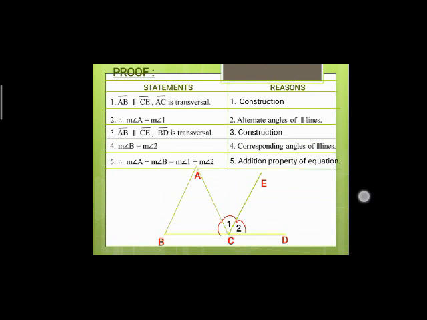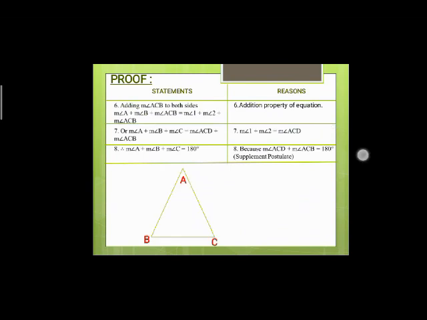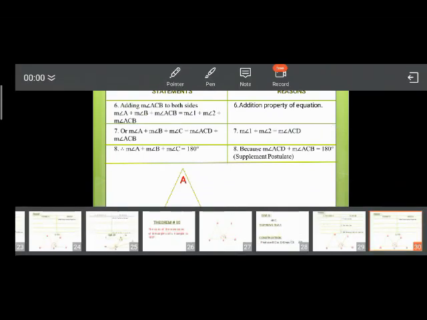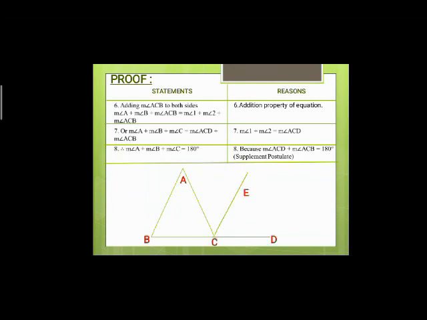Then we say that measure of angle A plus measure of angle B is equal to measure of angle 1 plus measure of angle 2. Now for further explanation, here we have a triangle ABC, and we construct a line segment again, line segment CD, and make some angles. After adding angle ACB to both sides of the given equation with the help of the addition property of equation, we say that angle A plus angle B plus angle ACB is equal to angle 1 plus angle 2 plus angle ACB.